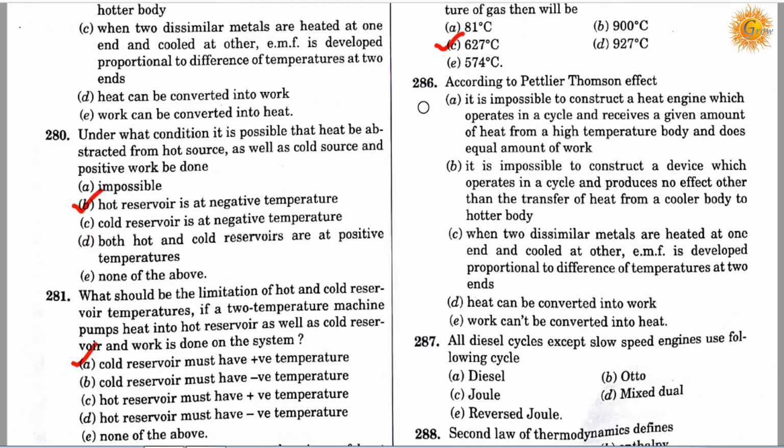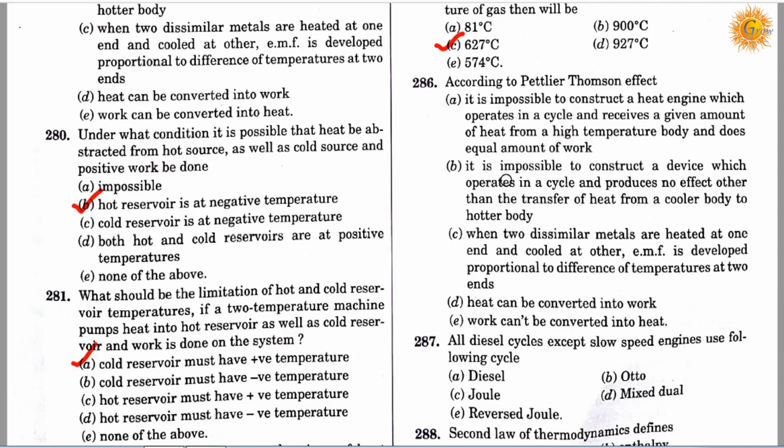Question number 286. According to Peltier-Thomson effect, option A, it is impossible to construct a heat engine which operates in a cycle and receives a given amount of heat from a high temperature body and does equal amount of work.